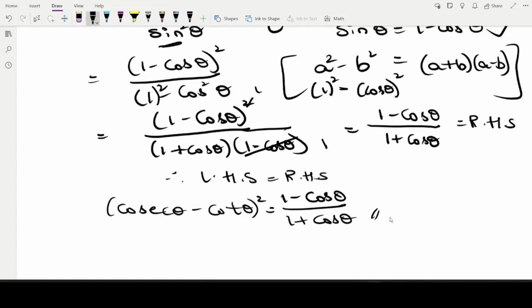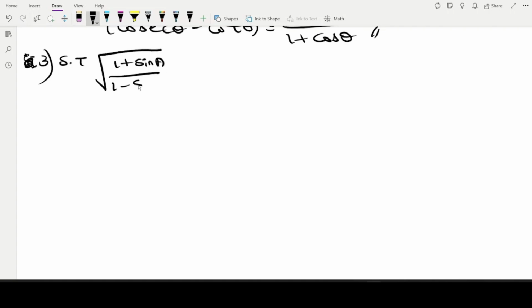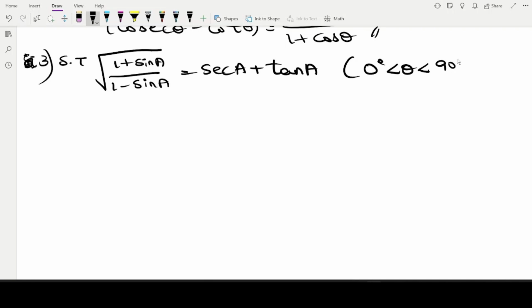Now let us discuss the third one. So here is the third question. Show that square root of (1 plus sin A) divided by (1 minus sin A) equals secant A plus tan A, and the given condition is 0 degrees less than theta less than 90 degrees.